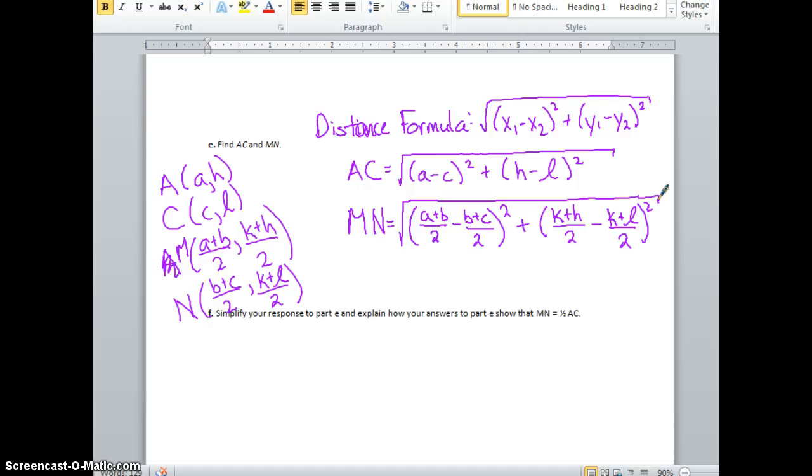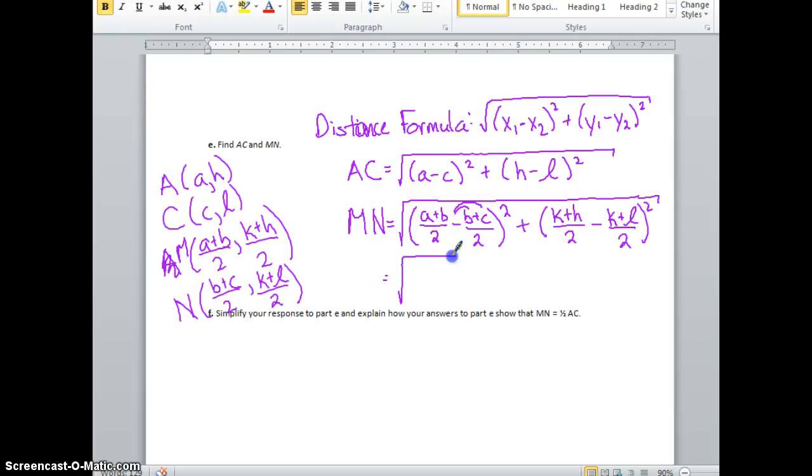Notice for part F, they want us to simplify our responses to part E and show how they demonstrate that the length of MN is half that of AC. If you look at this, you can see AC is pretty much as simple as it's going to get. But MN, we can do a lot of work to this. For example, we can start subtracting these fractions because they're both over 2. So don't forget that the minus is going to happen to both of these on top.